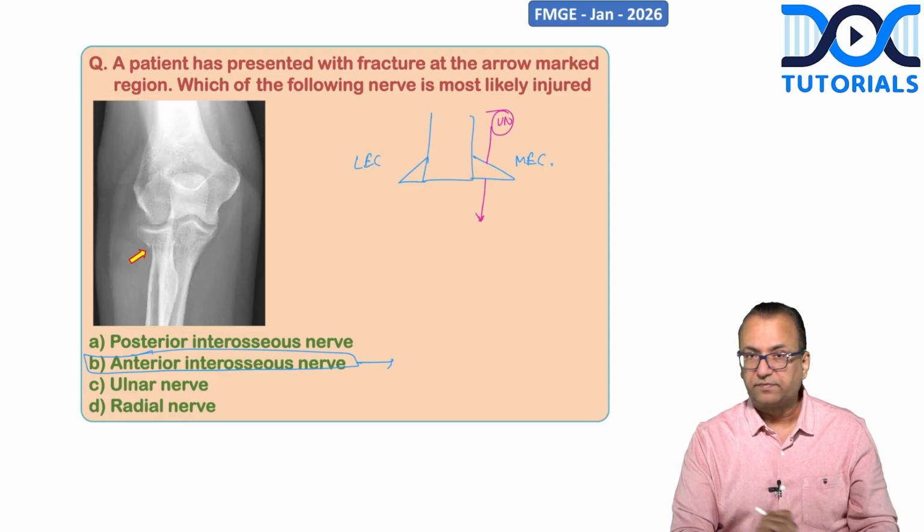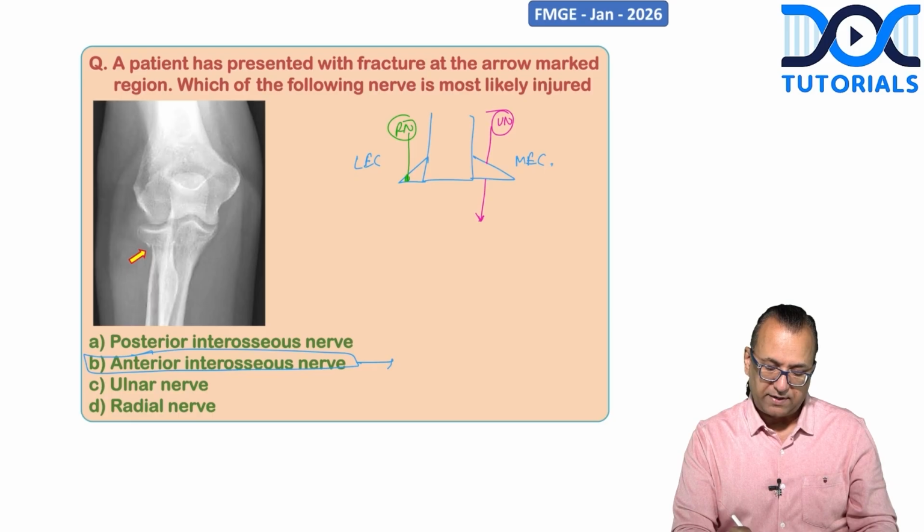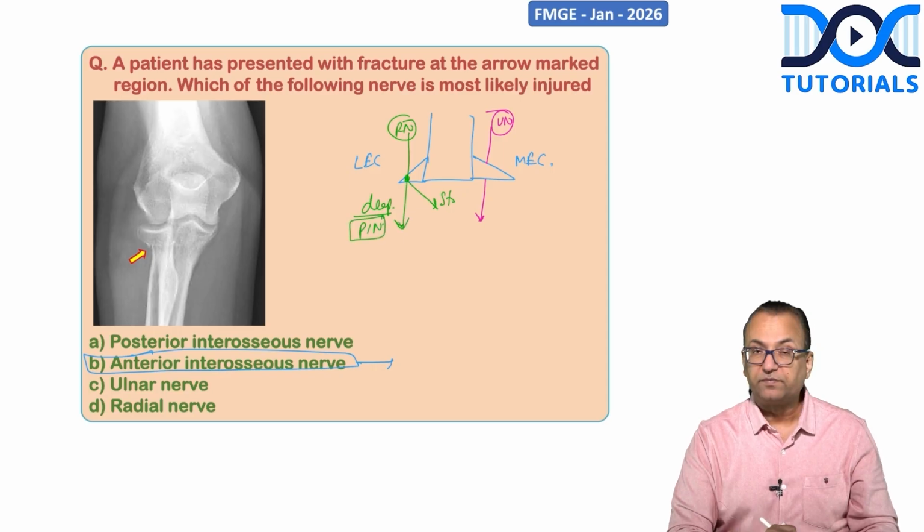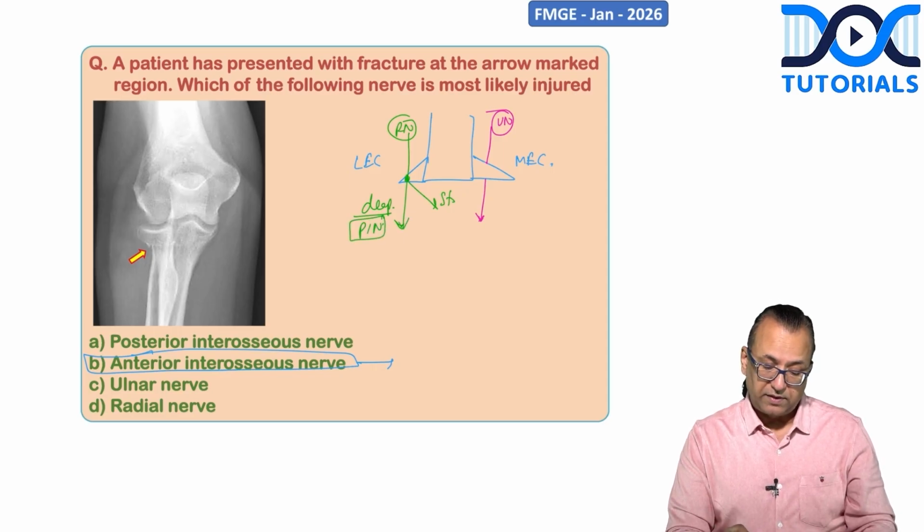This is the ulnar nerve. The radial nerve passes in front of the lateral epicondyle and gives two branches, one superficial and one deep, and that deep branch is called the posterior interosseous nerve. The deep branch can be damaged here.